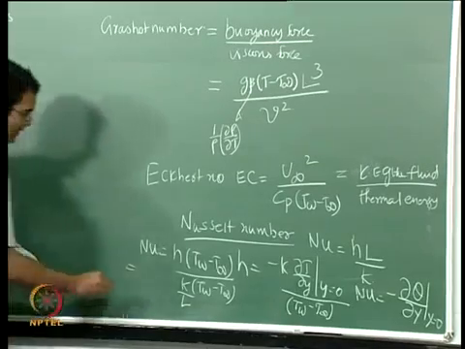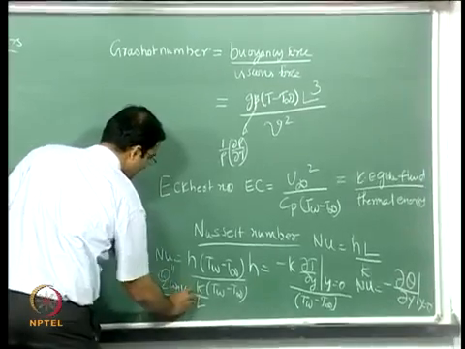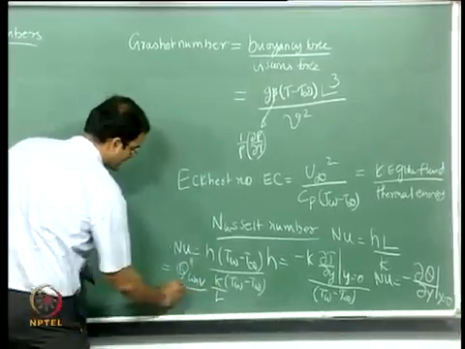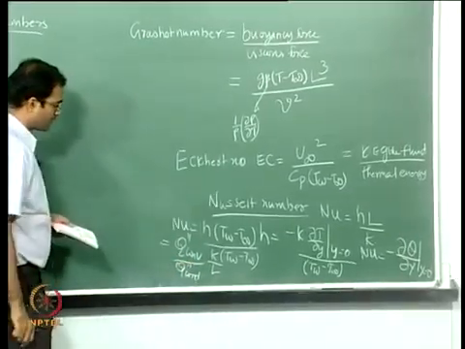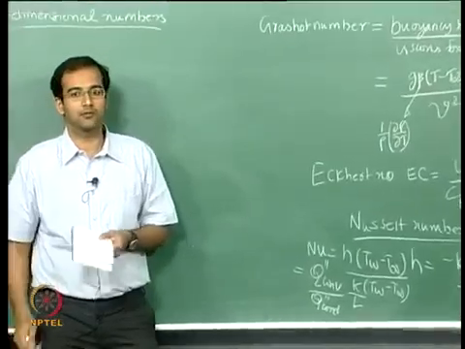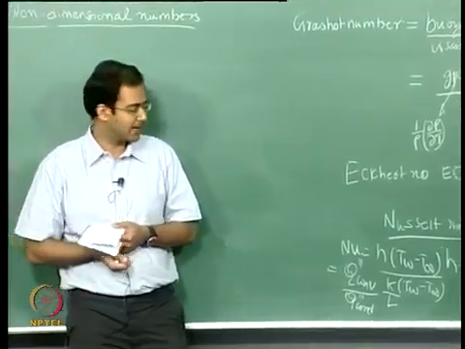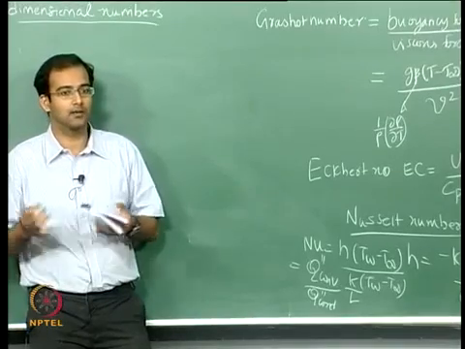This is your convective heat flux by conduction heat flux. So what does this represent? The non-dimensional number tells you the actual contribution of advection over conduction.